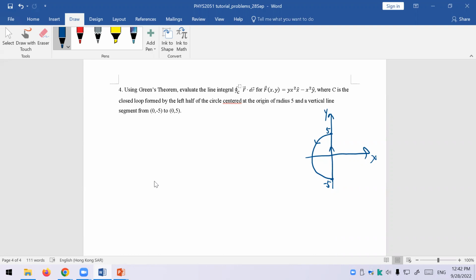So the point of this question is to practice how to use Green's theorem, right? So then my line integral is the double integral over the region enclosed by this semicircular path, right, of the circulation density. So remember, capital M means the x component of my field. Capital N means the y component of my field.